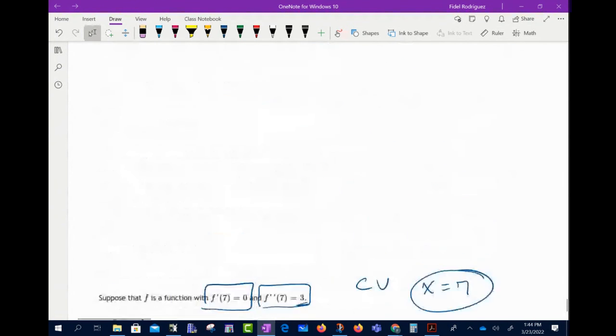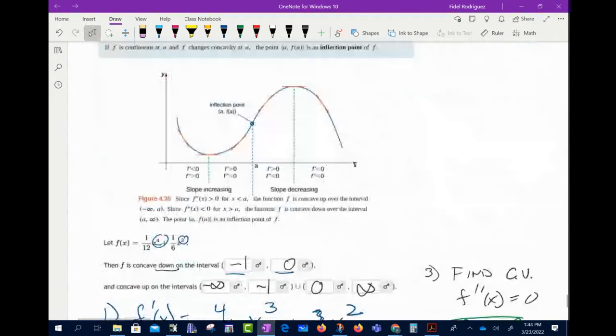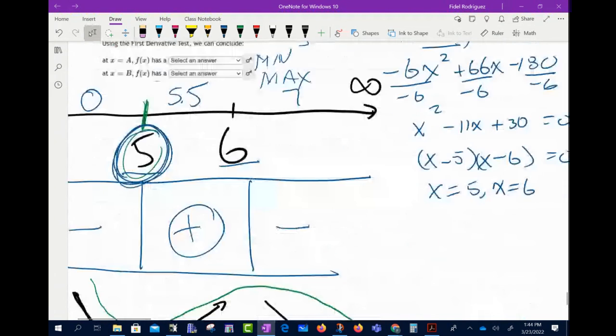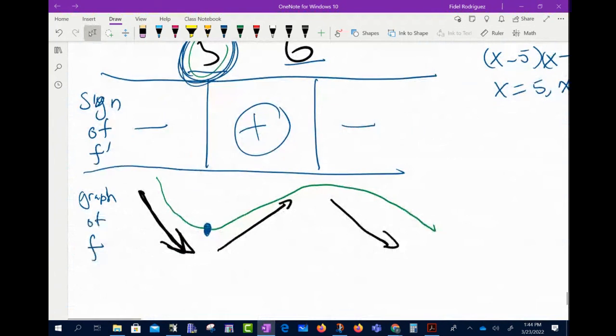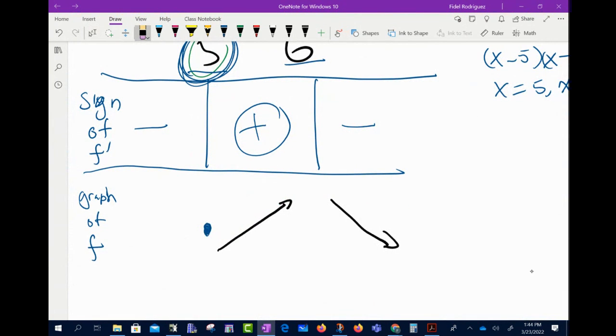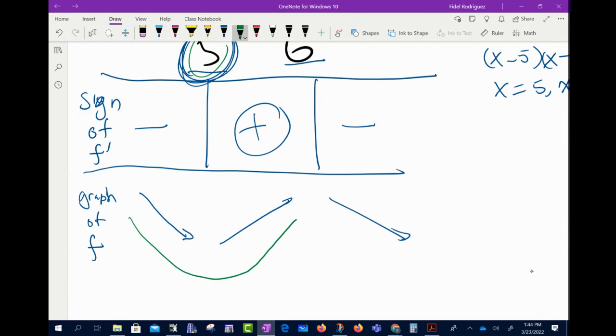And guys, I just want to really emphasize this because this helped me so much, close to 30 years ago when I had the class. When I draw a picture like this, let me clean this up a little bit, it helped me tremendously: the graph goes down, the graph goes up, the graph goes down. Oh, look, what's happening?